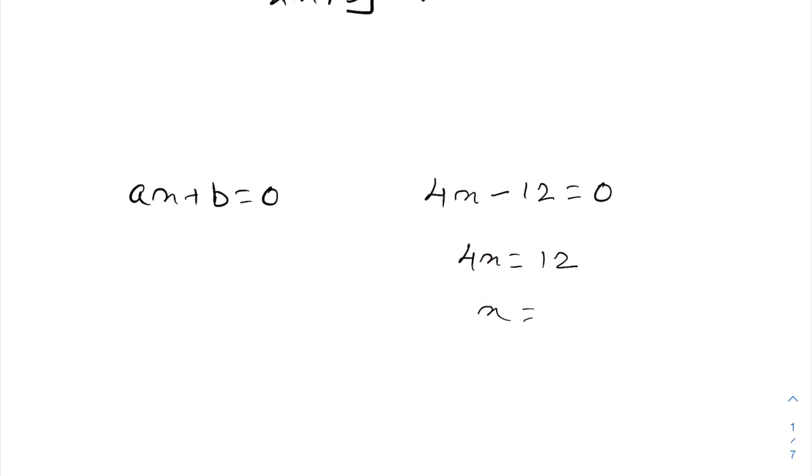So x equals 12 upon 4, x equals 3. Here it can be seen that we have one solution, that is x equals 3. From this we conclude that in a linear equation with one variable we get only one solution.